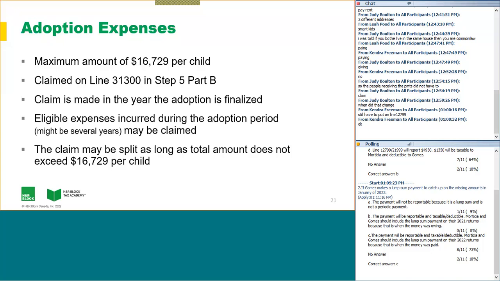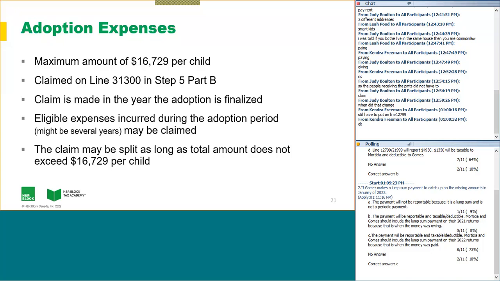You can claim a portion of the fertility treatments that are incurred in Manitoba, up to 40% of a maximum amount, $8,000. So that's what happens if you have fertility treatments.